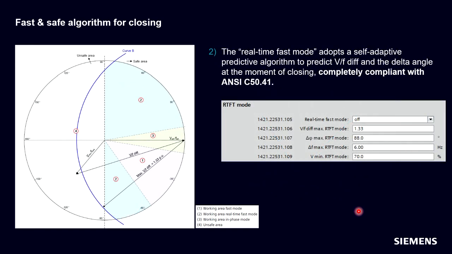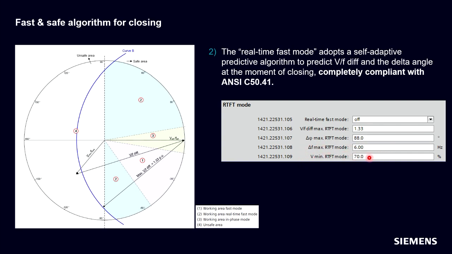For that as well, you find the second stage, RTF mode, meaning real-time fast mode, and you have to set the settings here. You have to switch it on. Here you find the voltage, the voltage divided by frequency variation, the 1.33 hertz or per unit value, and also the delta angle, the delta frequency, and the minimum voltage.